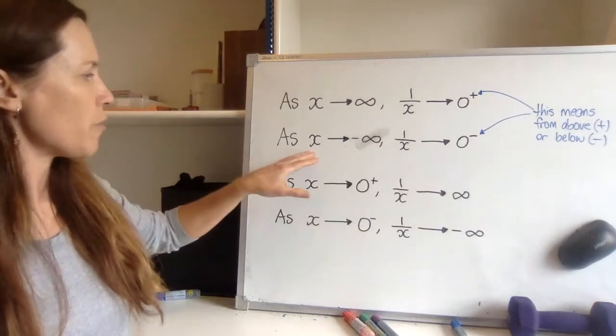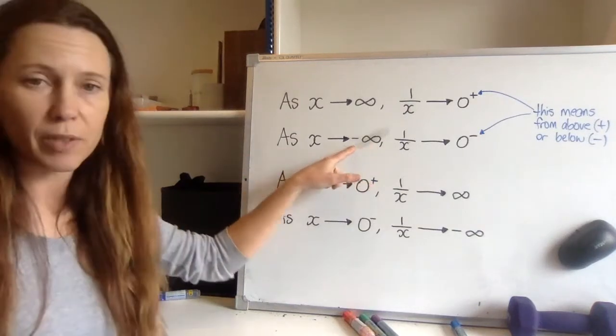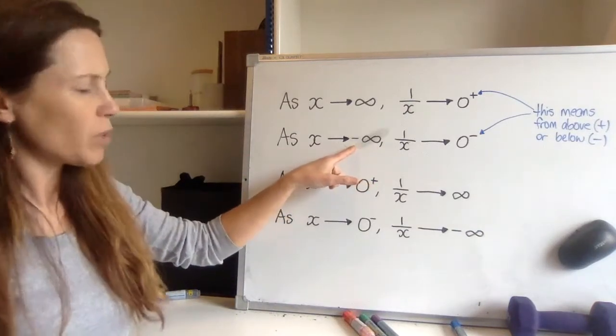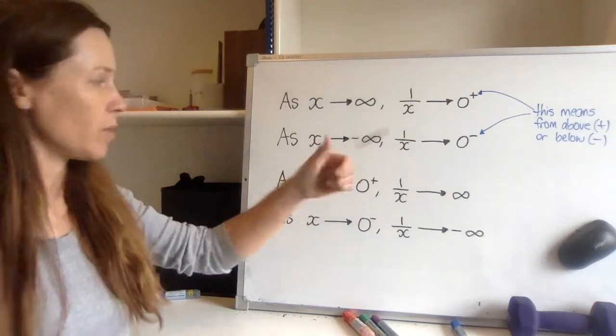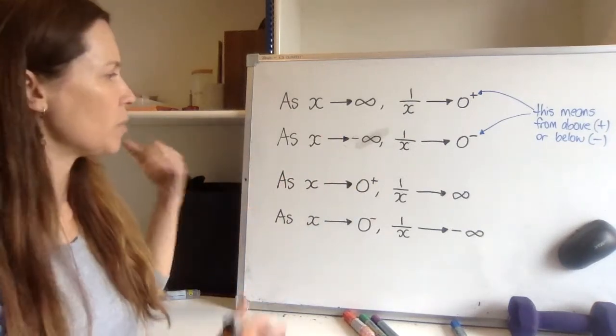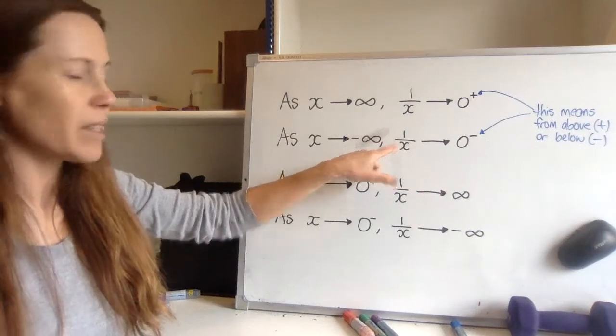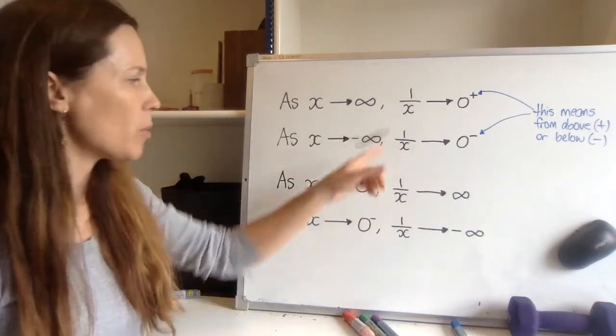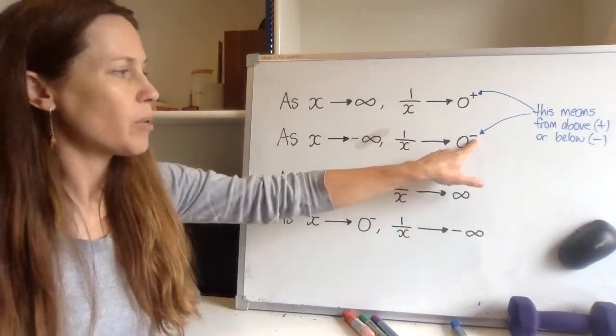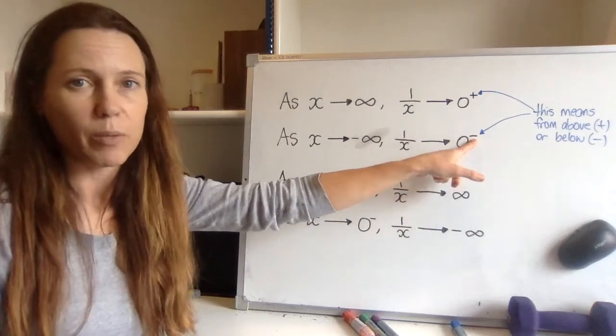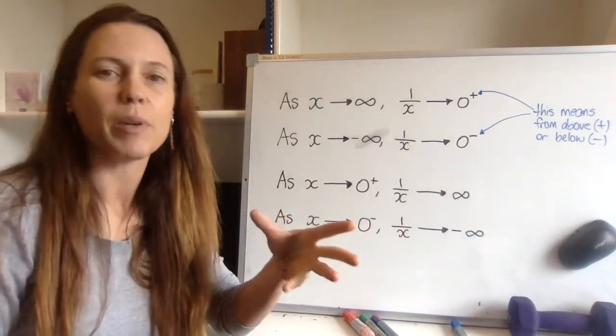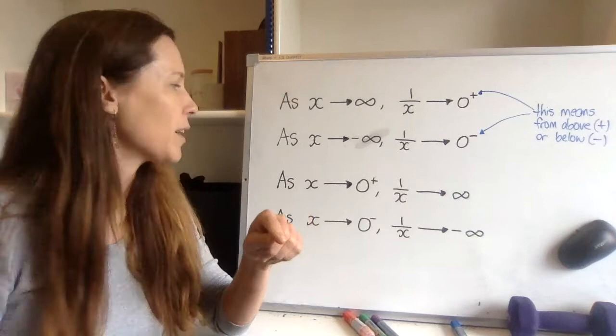Whereas if x is approaching negative infinity, imagine what it will be. It's a negative number, but it's a long way to the left on the number line. Then 1 over x is still going to be a negative number. So even though it's approaching 0, it's approaching from below, which means it's a tiny, tiny negative fraction.